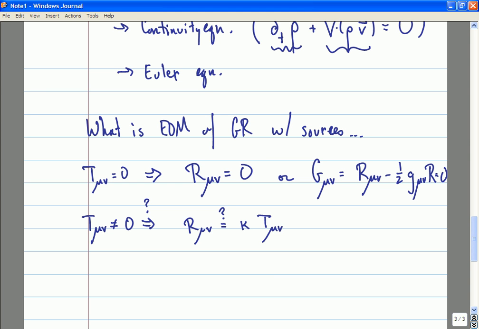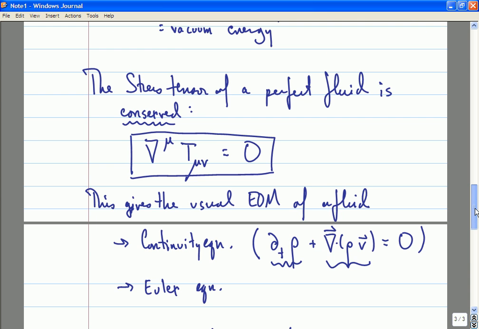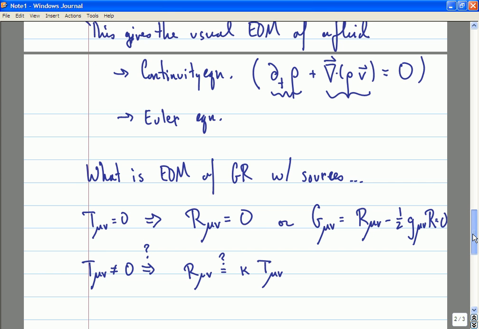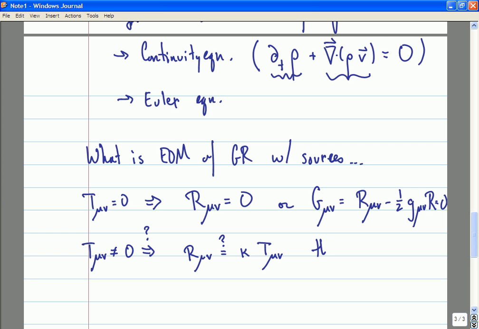But if you stare at this equation for a second, and you remember this conservation equation that I wrote up above, then you'll see that this can't be right, since the right-hand side of this equation obeys a conservation law, whereas the left-hand side does not.